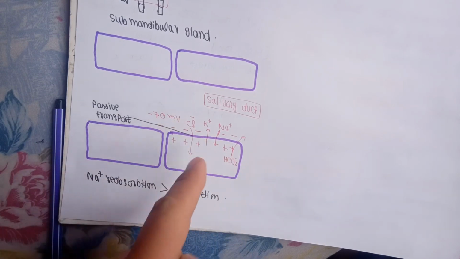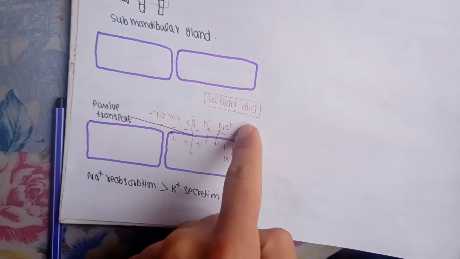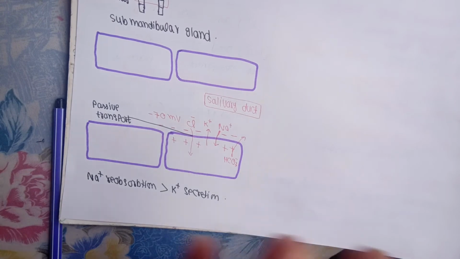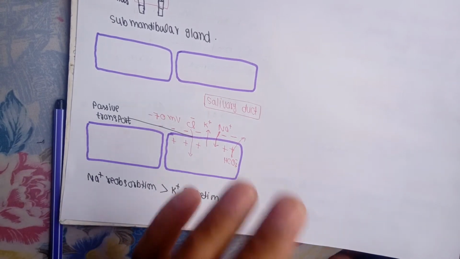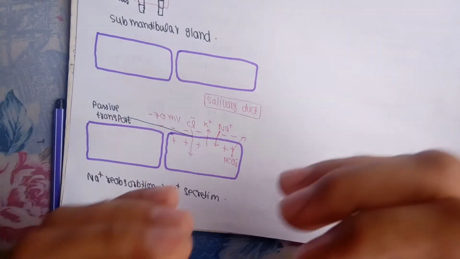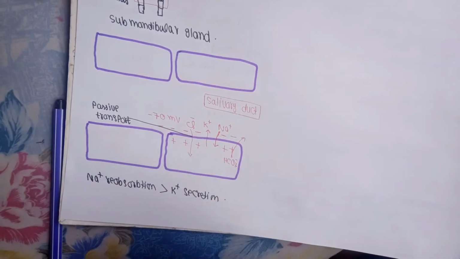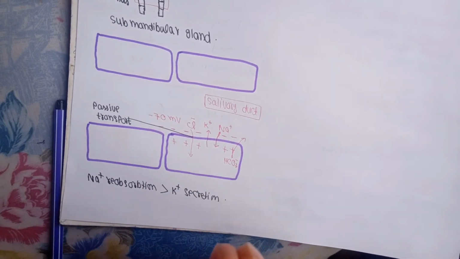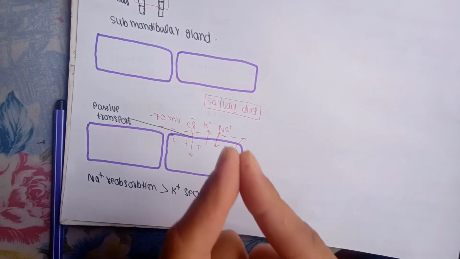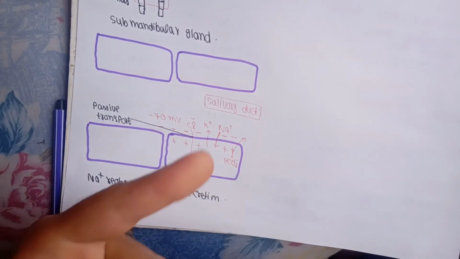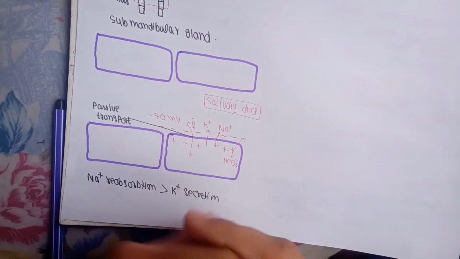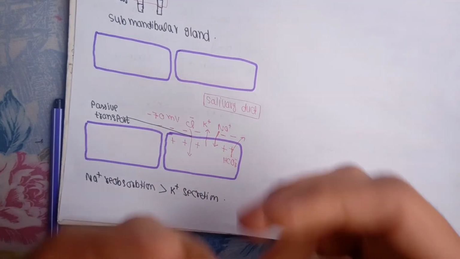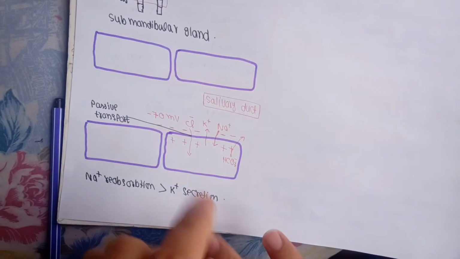Chloride ion is moving into the cell, bicarbonate ion is moving out of the cell. Now we know that in saliva, which ion has more concentration. In an early section of the lecture I told you that the concentration of potassium ion and bicarbonate ion is very high in saliva, and that of sodium and chloride ion is low. What is the reason? The reason is this mechanism.